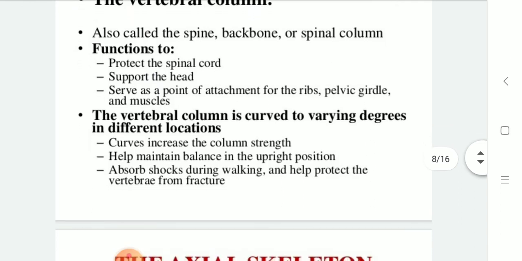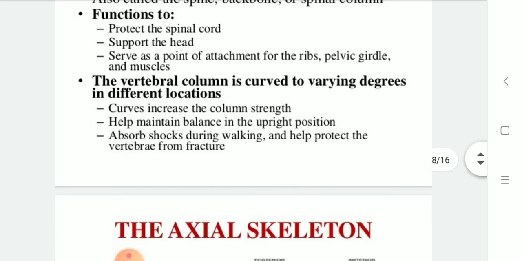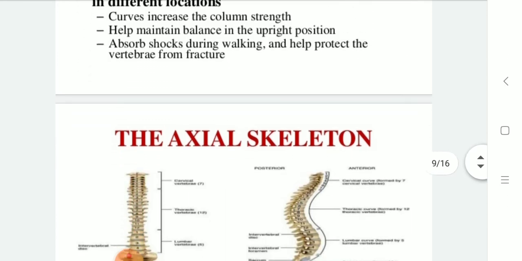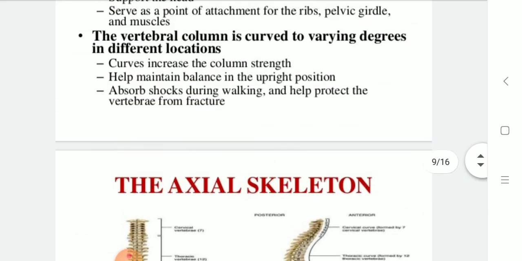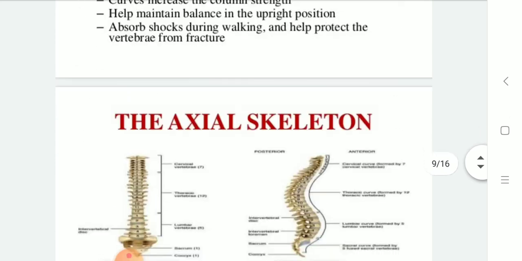The vertebral column is curved to varying degrees in different locations. Curves increase the column's strength, help maintain balance in the upright position, absorb shocks during walking and help protect the vertebrae from fracture.